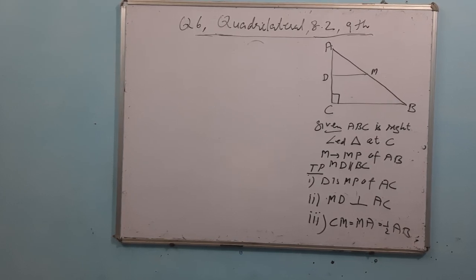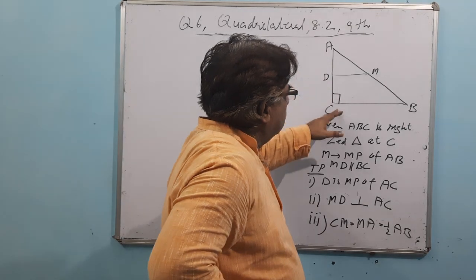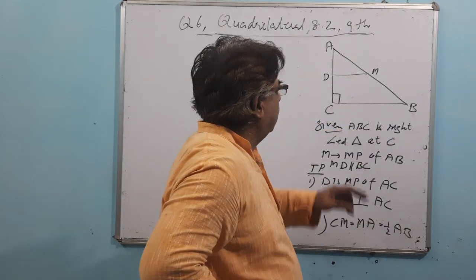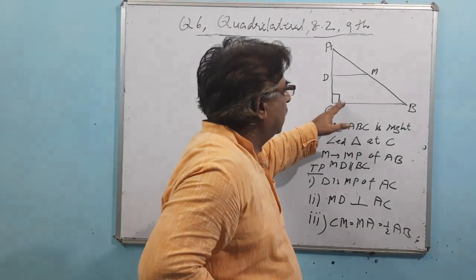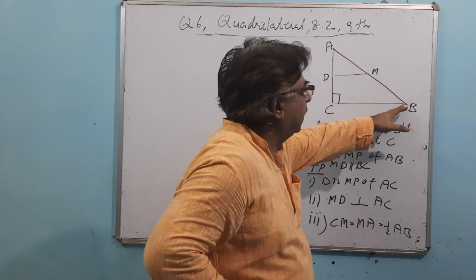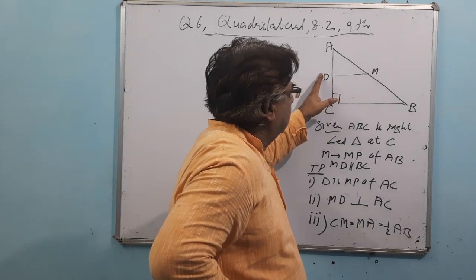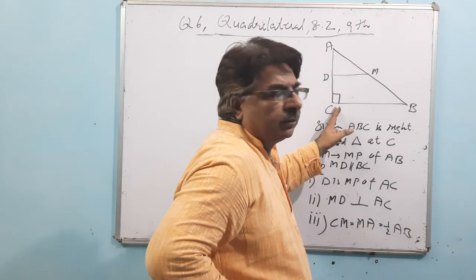My dear students, in this question, we are given that ACB is a right angled triangle, right angled at C. M is the midpoint of side AB and MD is parallel to BC.